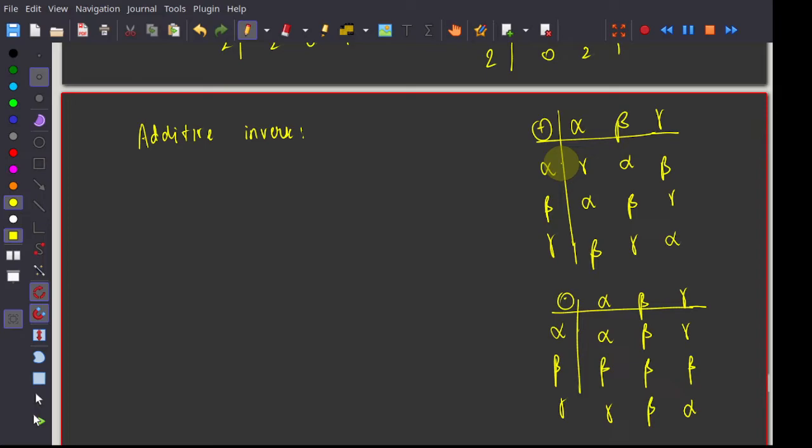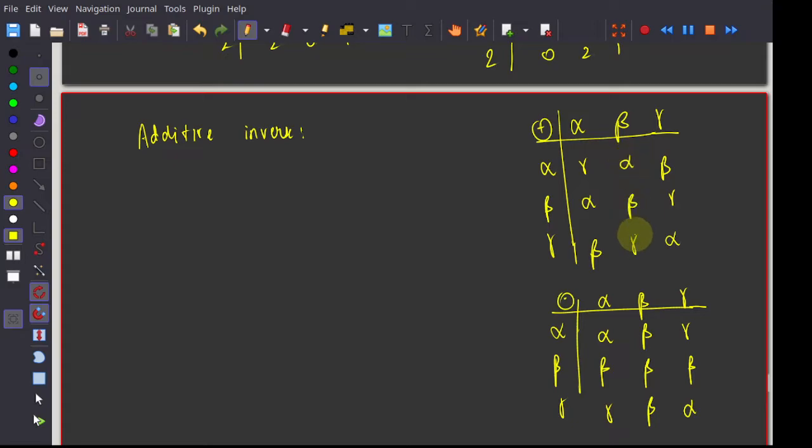Now let's look at identity, because identities and inverses. So in this case, how would you find out whether something is an identity or not? What should happen? Visually speaking, how would you check? This should be repeated in the same order.